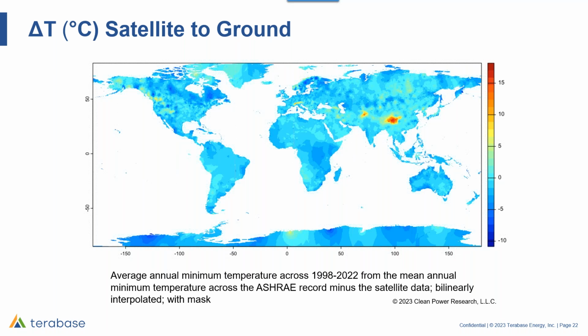The other point I want to highlight with this analysis is that there are regions that are red where the inverse is true. So there's a spatial difference in terms of this delta T. It's not monotonic, so it's super location dependent. And interestingly enough, the areas in which ASHRAE is warmer than the satellite indicates are areas in the mountainous regions.